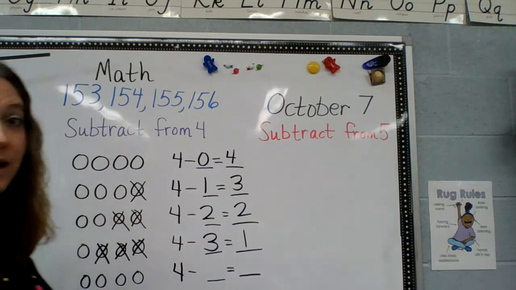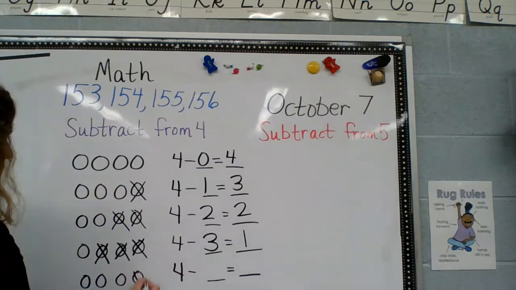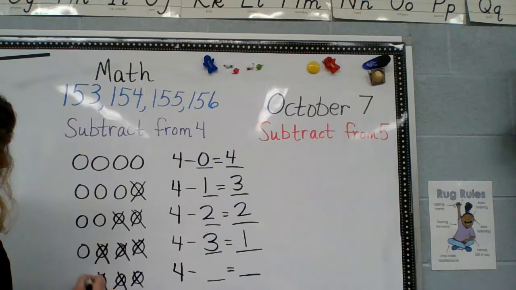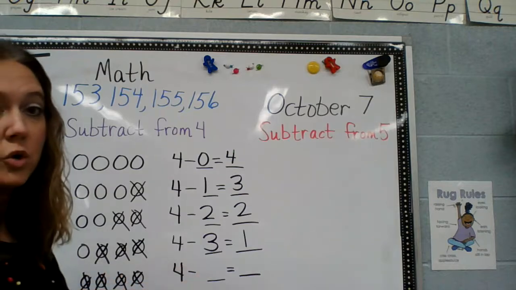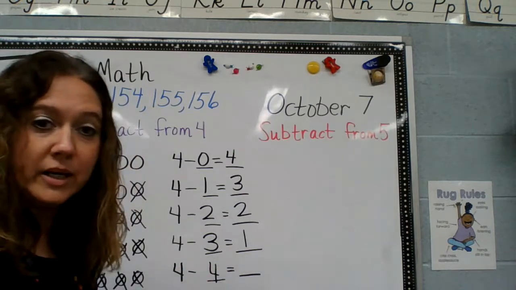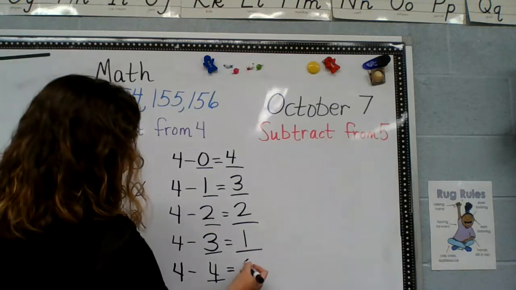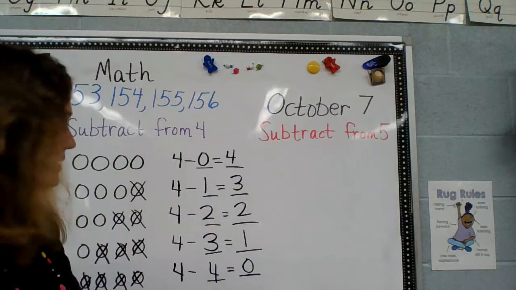We're going to cross off 4. All 4 of them. So 4 minus 4 equals, how many are left? 0, like we talked about last week. When we subtracted all of them, we have 0.